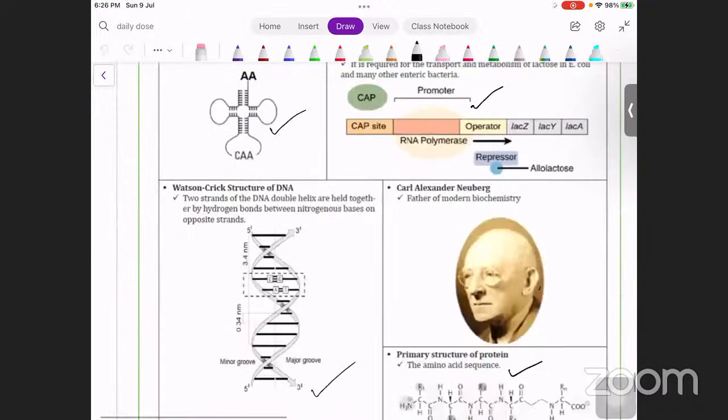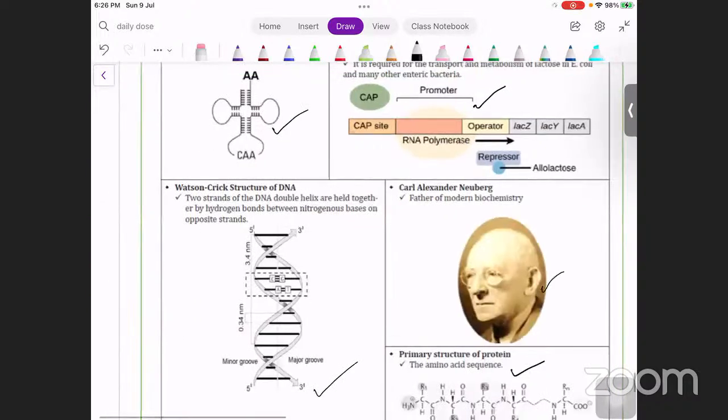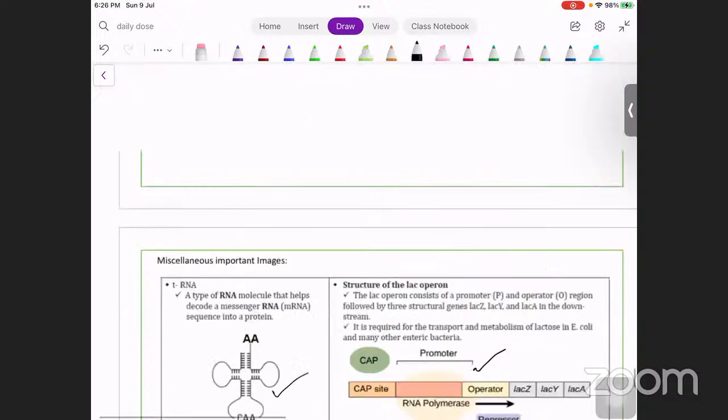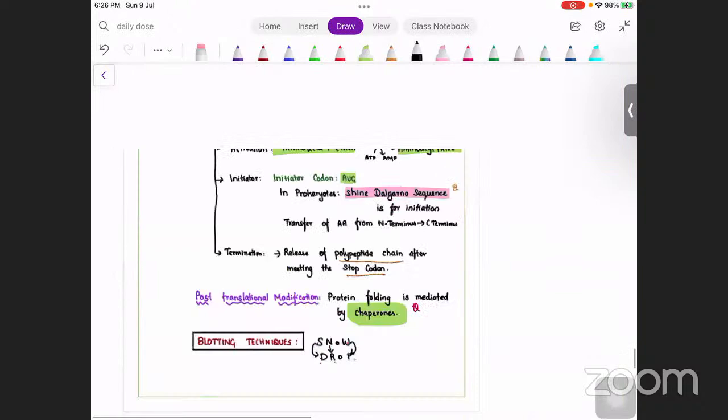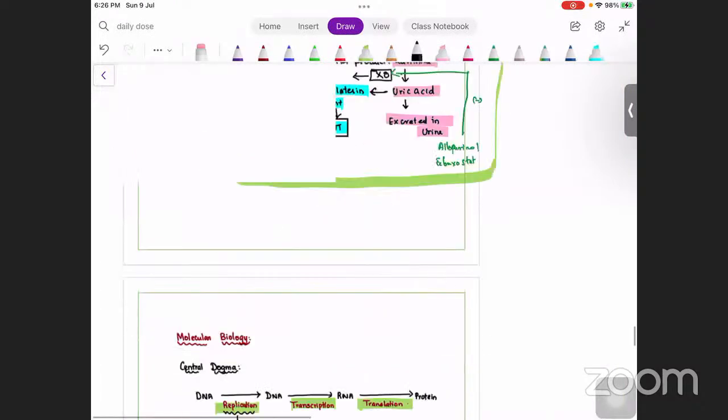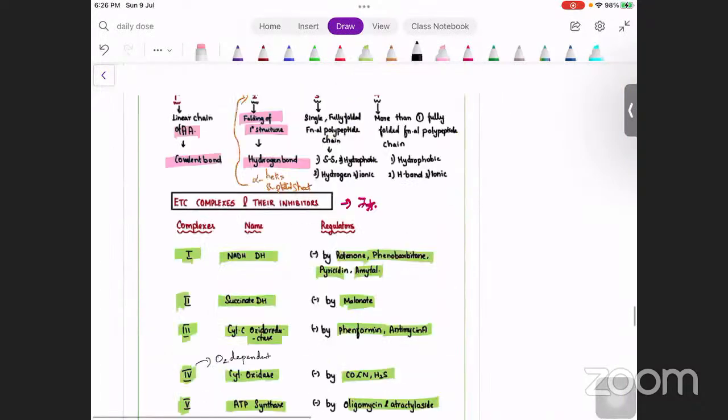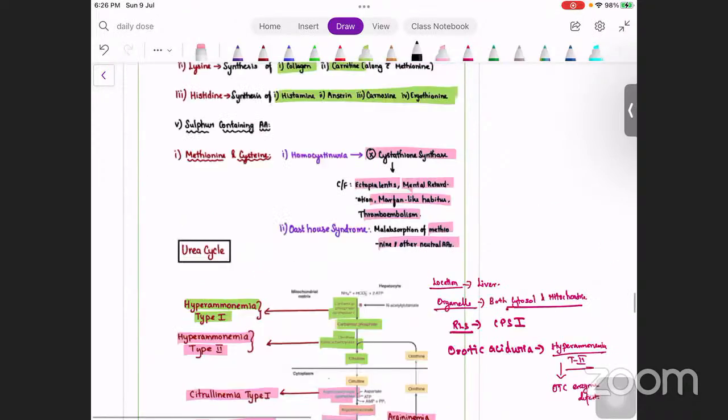Here is Carl Alexander Neuberg, the father of biochemistry, where Claude Bernard is the father of physiology, and Andreas Vesalius is the father of modern anatomy. All of them you have to remember. So these are the important things we discussed about your biochemistry, people.